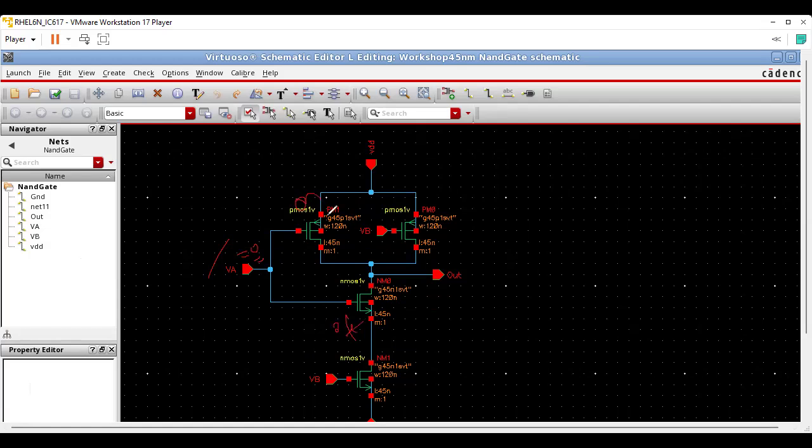Now you see, because this is on, this VDD will take this path to go towards the output, right? But this VDD do not have any path to move towards the ground. Why? Because this path is open circuit, because this has 0 as input. So the output will be VDD, means high.